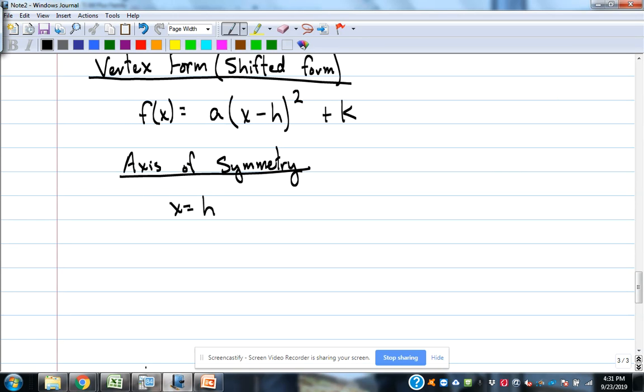Whatever the h is inside of there, we change the sign of it, bring it out, and that's the x value for the axis of symmetry. Well, what do we know about the vertex and how it relates to the axis of symmetry? Whatever the axis of symmetry is, that's the x value of the vertex. The y value of the vertex is that guy. It's the k.